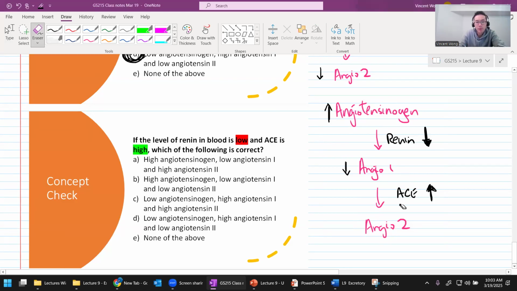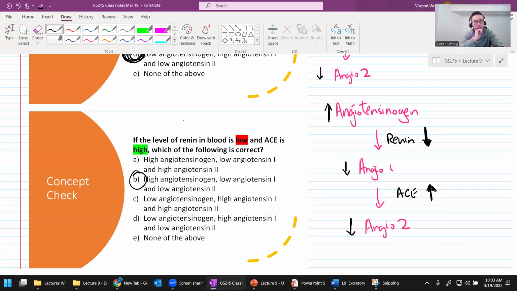And even though we have an adequate amount of ACE, because we don't have a lot of angiotensin 1, it doesn't matter that you have a lot of these enzymes. Like it's not coming in. You don't have enough raw material. You don't have enough reactant. So yes, it's going to get converted to number 2, but you start with so little, this is also going to be little. So the answer is high, low, low, which is B.